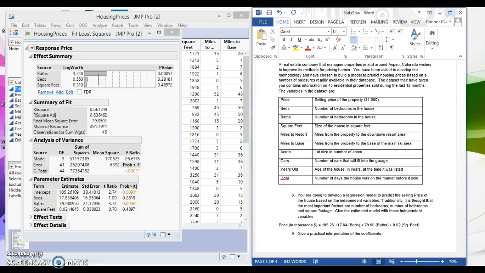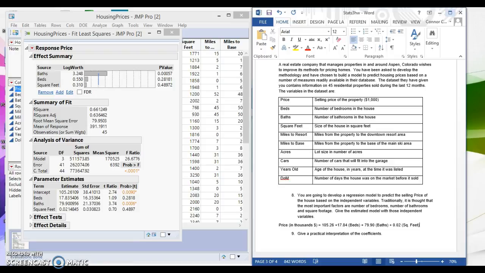And then you'd say, alright, so for every one bedroom there would be a $17.84 thousand increase in the selling price of the house. For every one bathroom increase, it'd be a $79.9 thousand increase. And then for every additional square foot, it would be a $0.02 thousand increase.